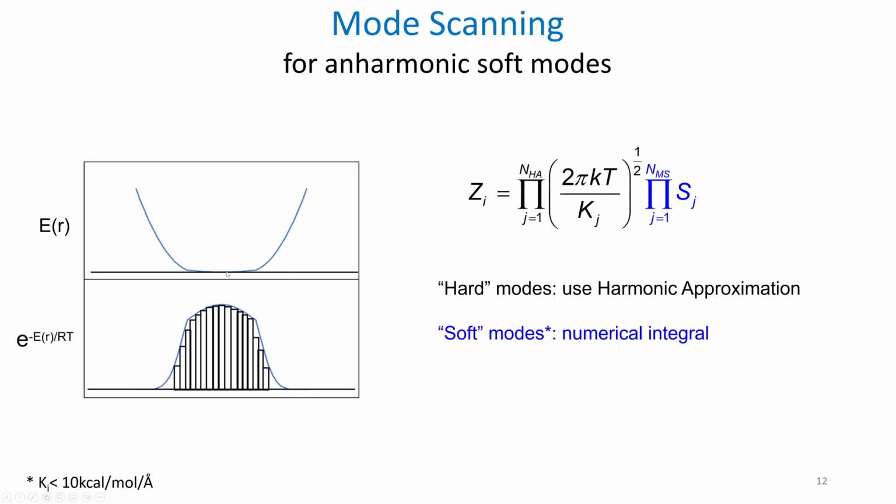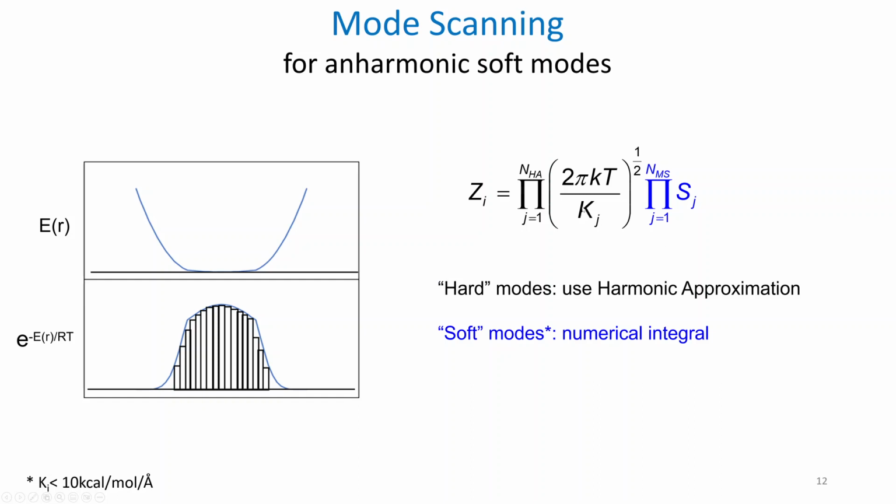The harmonic approximation basically will think that the energy rises very slowly along that mode, whereas in reality, at a certain point, it rises steeply. And so for the very lowest modes, we actually do a simple stepwise distortion along the mode, as shown here, compute the energy at each point, and use a quadrature method to get a more accurate estimate of the contribution of that mode to the overall configuration integral.